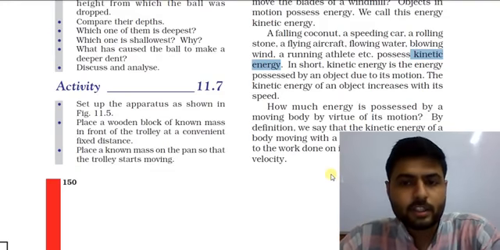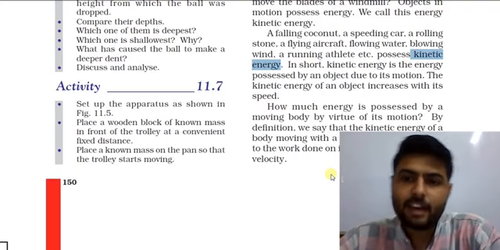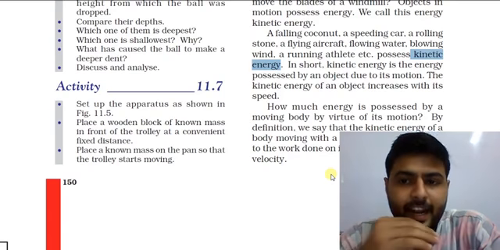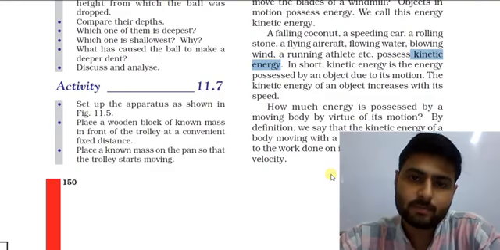Falling coconut, speeding car, rolling stone, flying aircraft, flowing water, blowing wind, running athlete possesses kinetic energy.